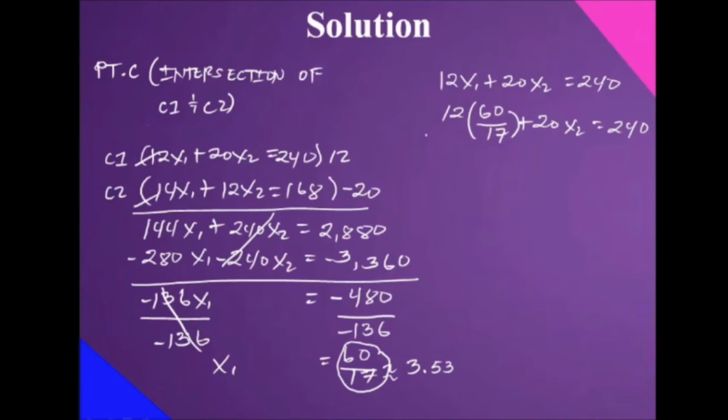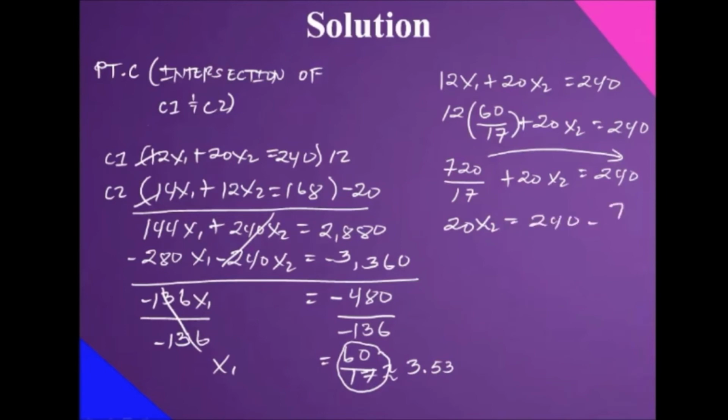Now, itong part na to is equivalent to 720. Perform nyo sa calcu, over 17, plus 20 x sub 2 equals to 240. Lipat sa kabila, magiging minus. So, we have 20 x sub 2 equals 240 minus 720 over 17.